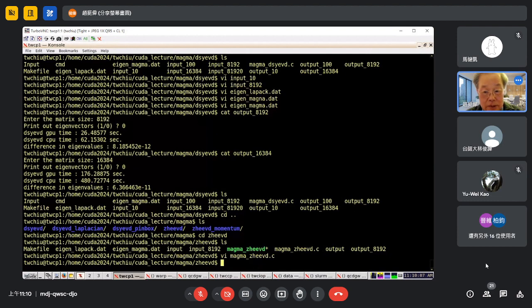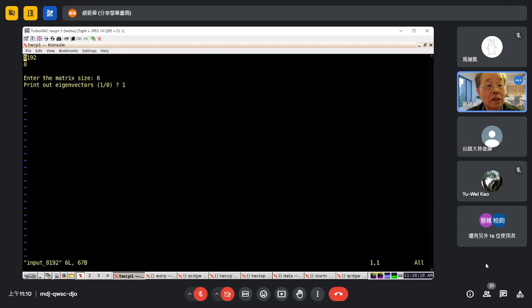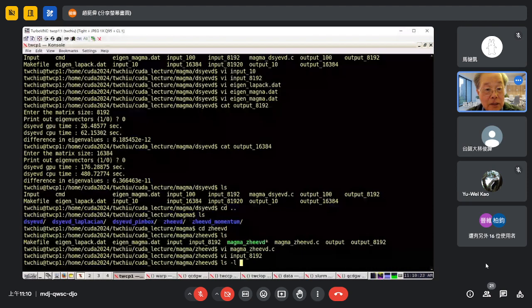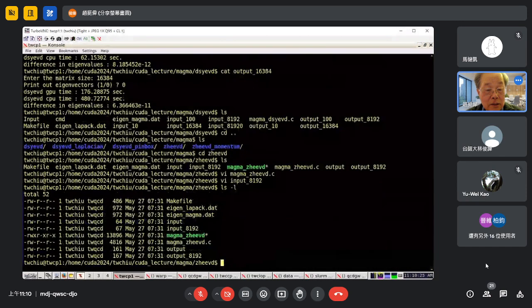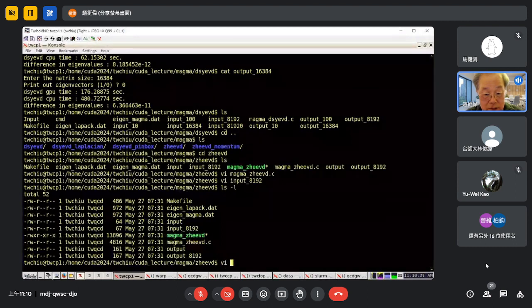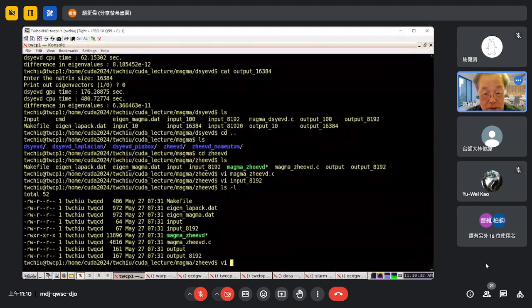The output here is this. For example, the input is 8192, and here I do not print out the eigenvectors. Let me see the data here, the LAPACK data.